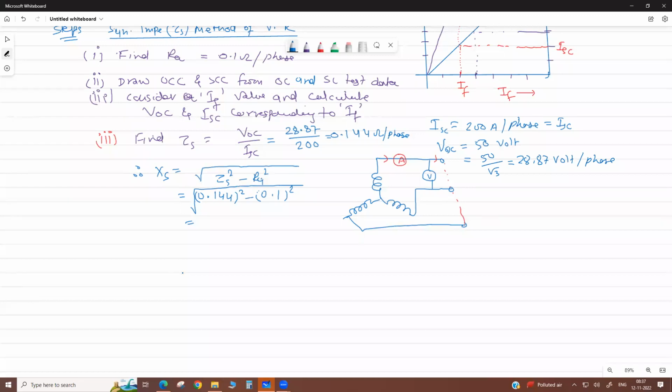It comes again 0.104 only, you write, okay? Per phase. So when you use phase values, you get the per phase value also.